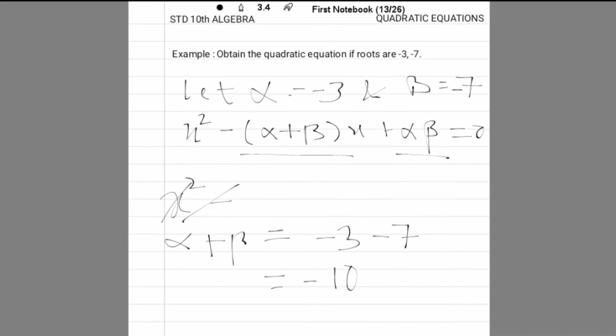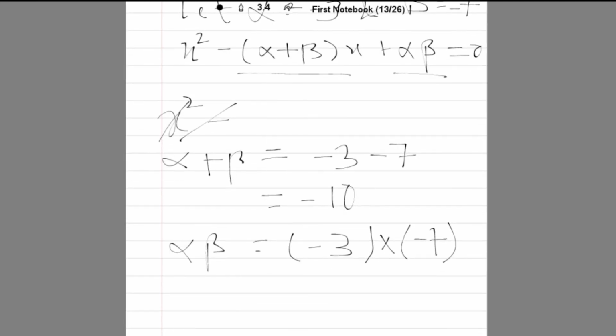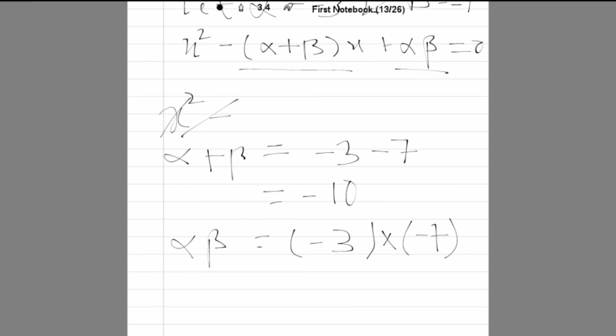So this is what we have got, and alpha into beta will give us -3 into -7, right? Don't get confused here, because I have written -3 and -7. Anyway there is a plus, so it won't change your sign, right? It is the same, -3 plus -7, right?